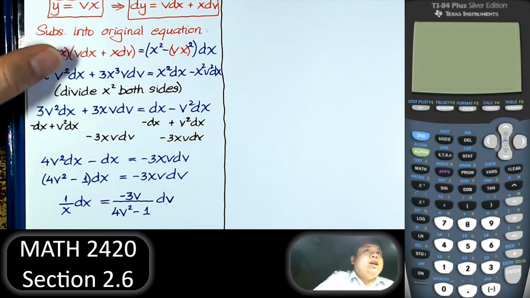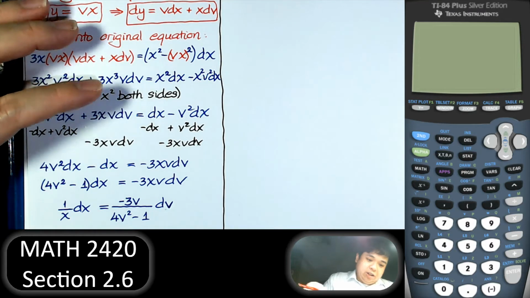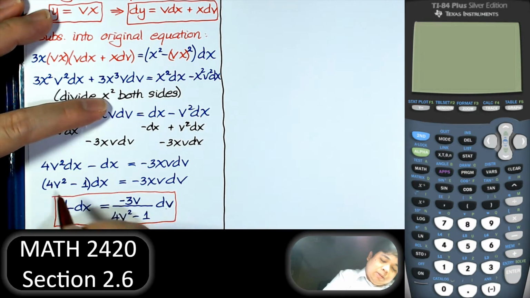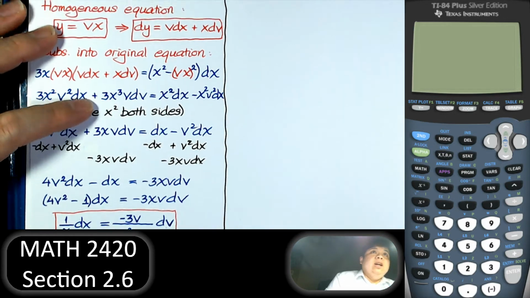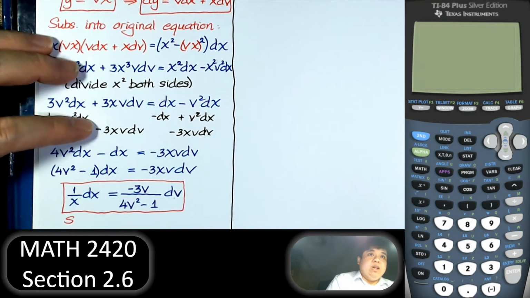Right, so when we do that, what we have here is a separable equation. Yeah, so homogeneous equation, when we do the substitution, when we rewrite it, it should be a separable equation.